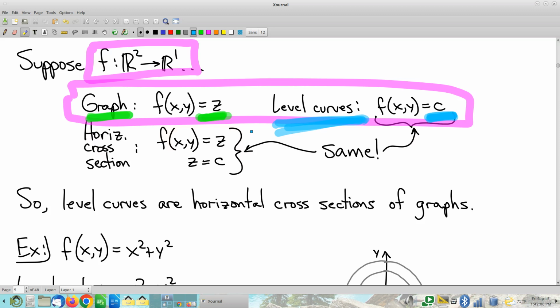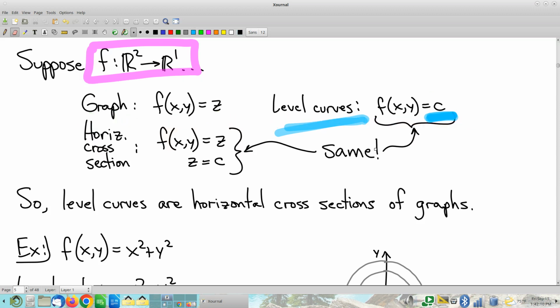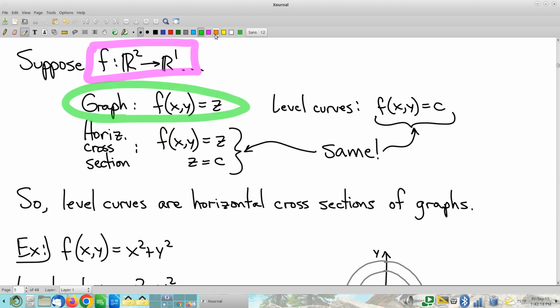and yet they are related, and they're related by the following neat observation: if you take a graph and you take a horizontal cross-section of that graph, a horizontal cross-section says I'm going to set z equal to a constant, because that's horizontal.